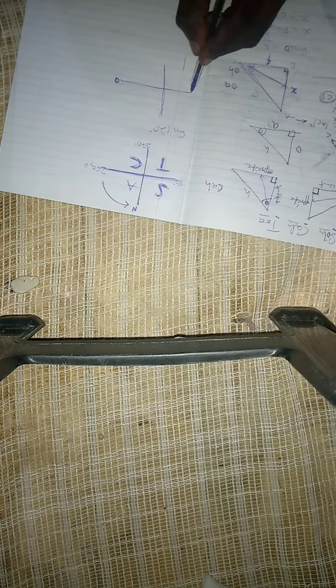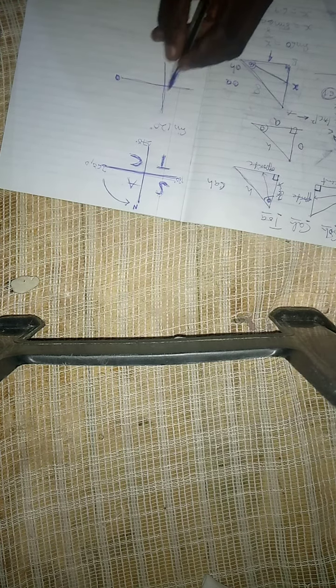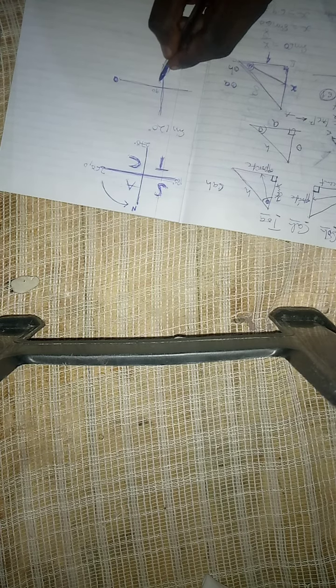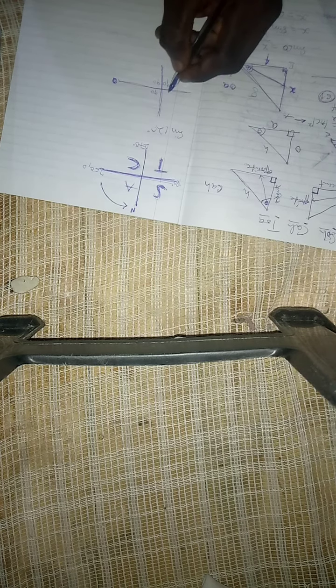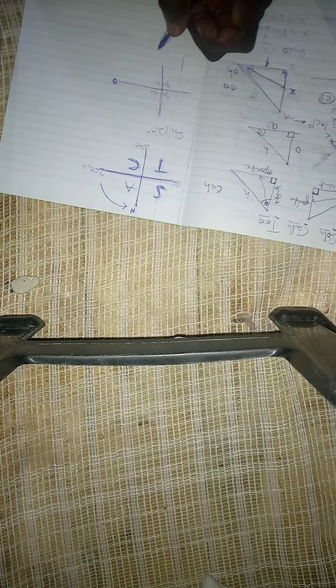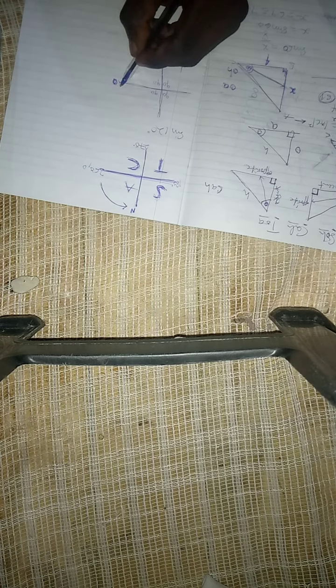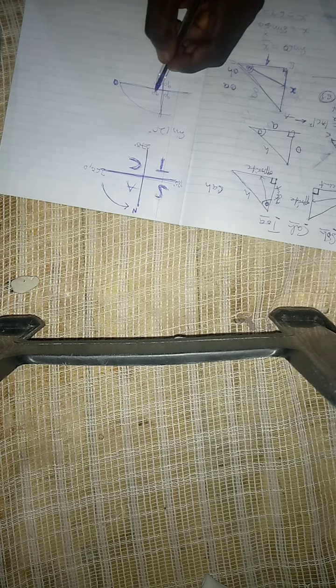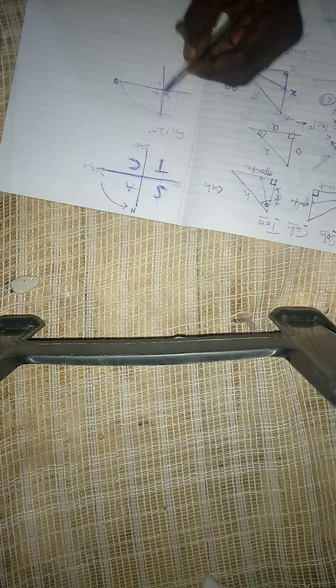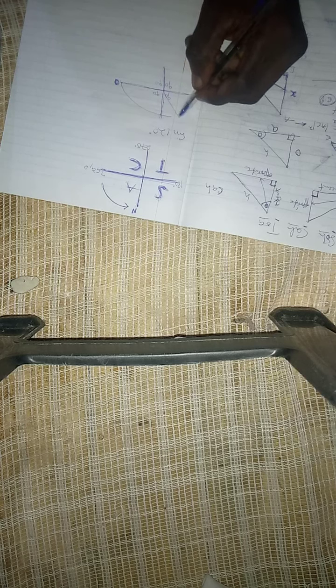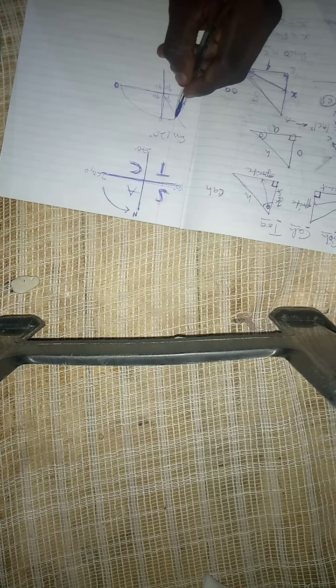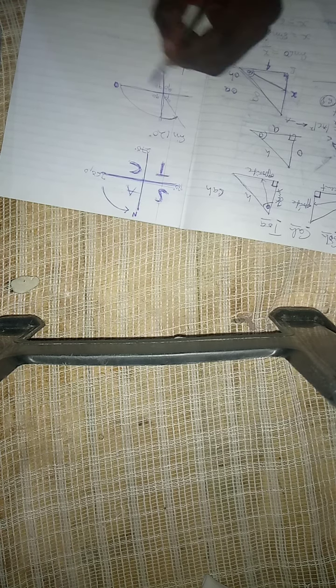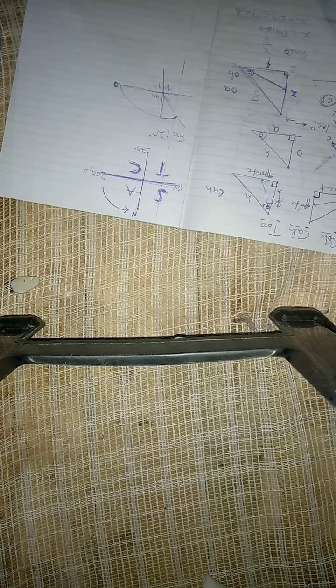So we have 120. We know that here is 90, here is 90, here is 90, and here is 90. We sum up to 360. So when we are going to this side, here will give us 90, and we add 30 to it. So from here to here is 120.